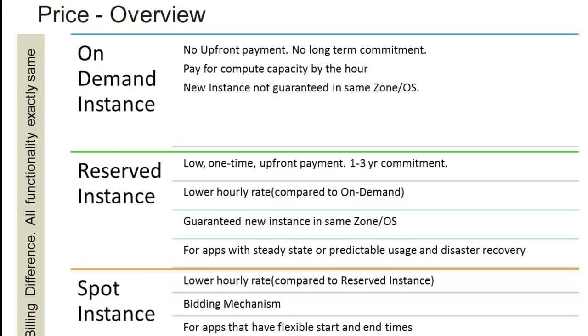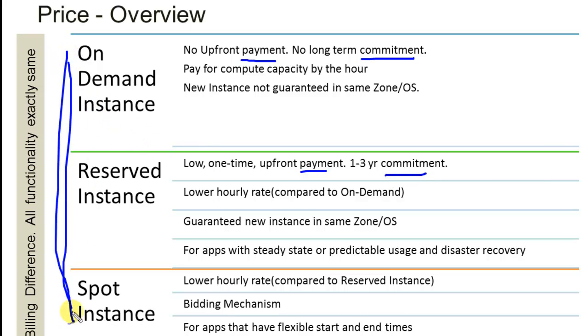One of the most important differences which people generally confuse is that all the three mechanisms, on demand, reserved and spot, have a difference in terms of your agreement and commitment. See, where is the difference? The difference is in terms of the payment and the commitment, right? All three have the only difference in terms of hourly rate, bidding mechanism, payment and commitment.